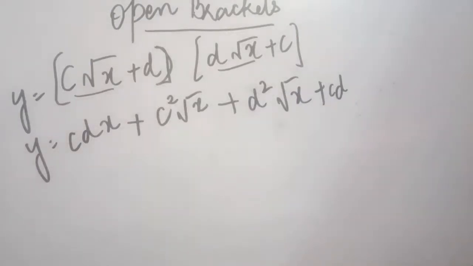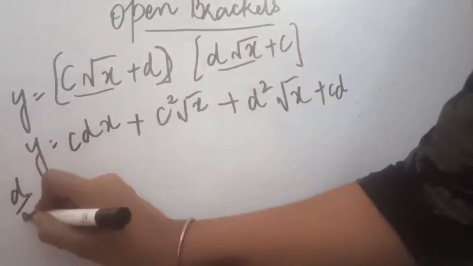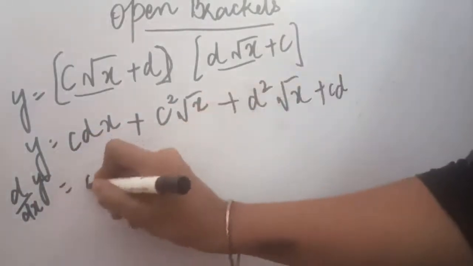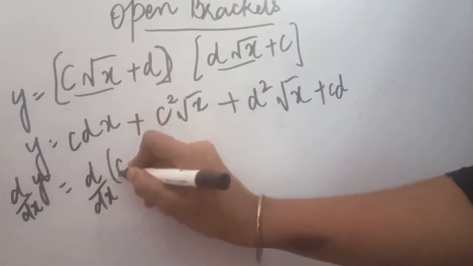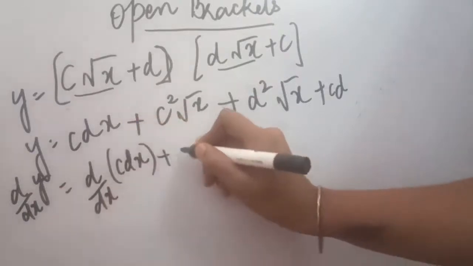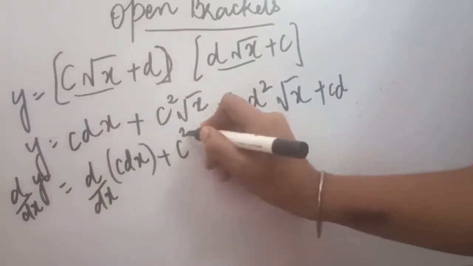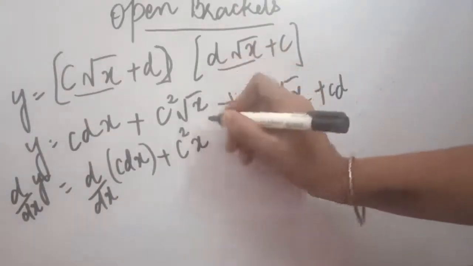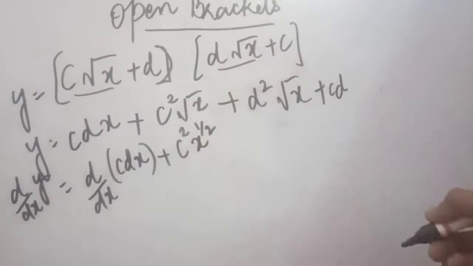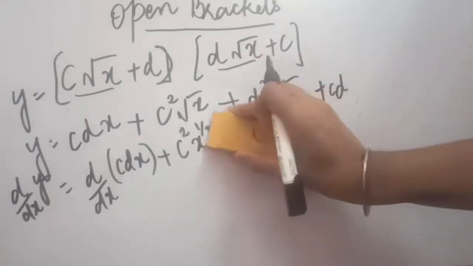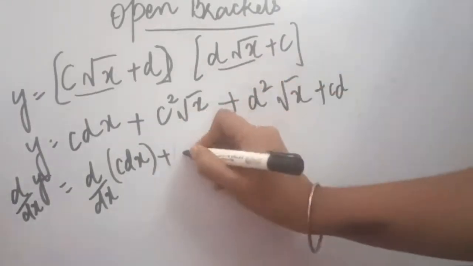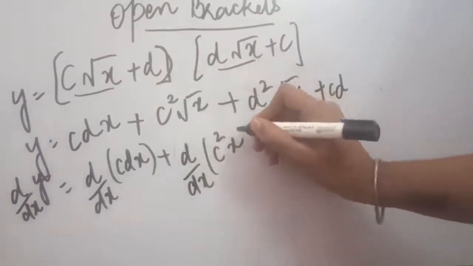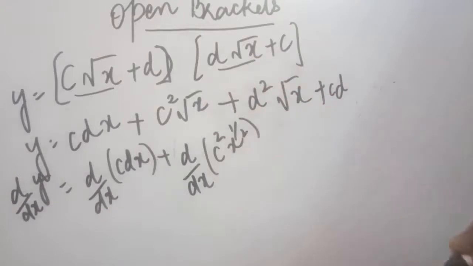So now we will take the derivative. Taking the derivative on the left hand side, it will be derivative of y with respect to x, d upon dx of cdx plus c square. Now for taking the derivative, we will remove this under root and put the power half. So let us put the sign of derivative also over here. d upon dx of c square, and x, instead of under root I am just writing the power half.